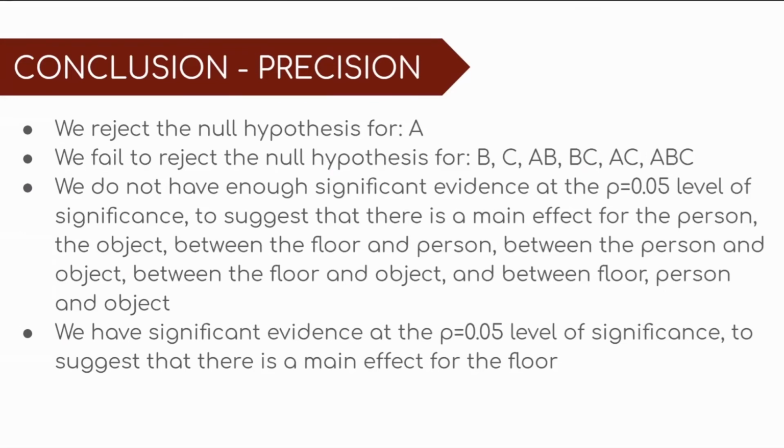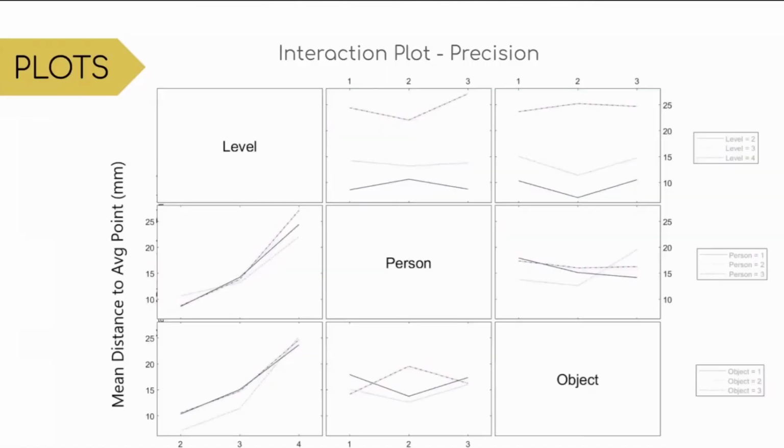However, we do have significant evidence at the 0.05 significance level to suggest that there is a main effect for the different floors. And again, we have the interaction plots. This is for the precision data. On the subgraphs, row 1, columns 2 and 3, we can see that there is no interaction between the level and person, nor between the level and object.